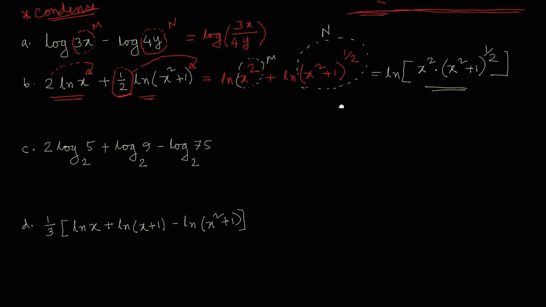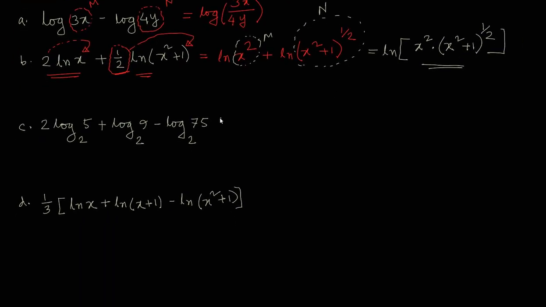Now let's look at the third one. Okay, the third one is going to be a little interesting. First of all, this 2 I can take as a power of 5. So I can write logarithm 5 square and the base is 2. So this is done.